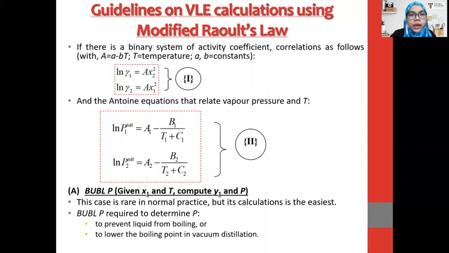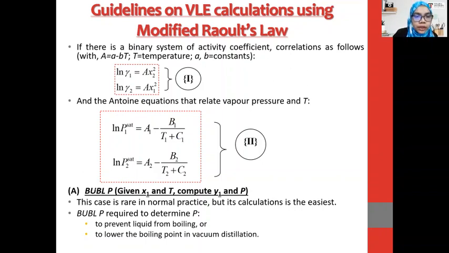A here is the constant that you can determine from the correlation based on the temperature. And then we can also use the Antoine equation to determine the saturation pressure, because each pure species has its own saturation pressure, or its own constant values of A, B, and C here.